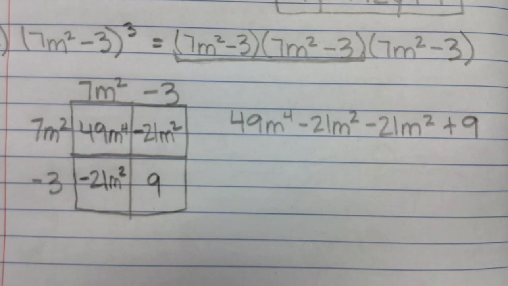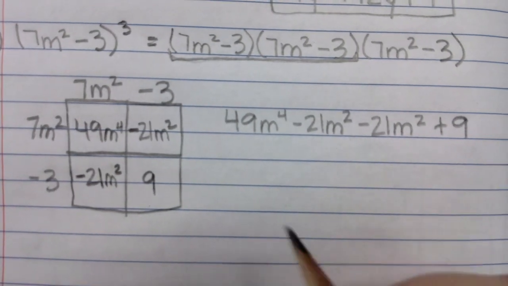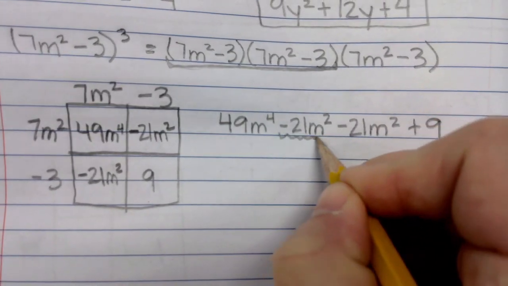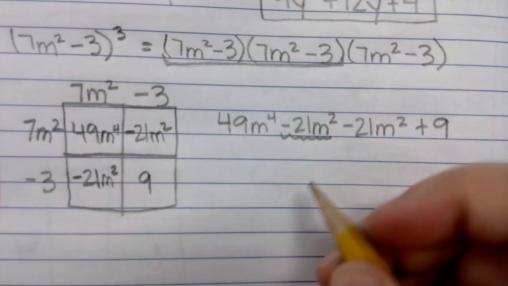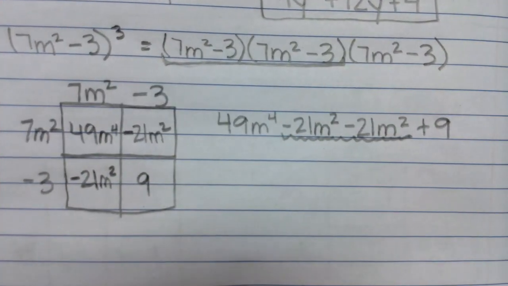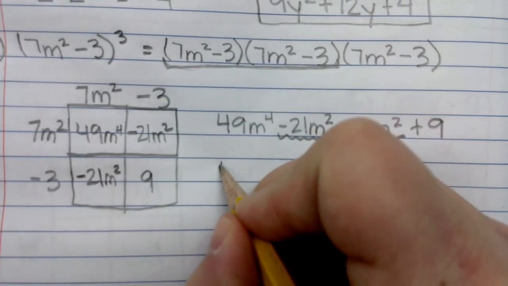Is that our answer to 7m squared minus 3 taken to the 3rd power? Did we multiply it 3 times? How many times did we multiply it? 1, 2. We did it 2 times, 1 on top, 1 in front. So right now this is to the 2nd power. We have to still do to the 3rd power.